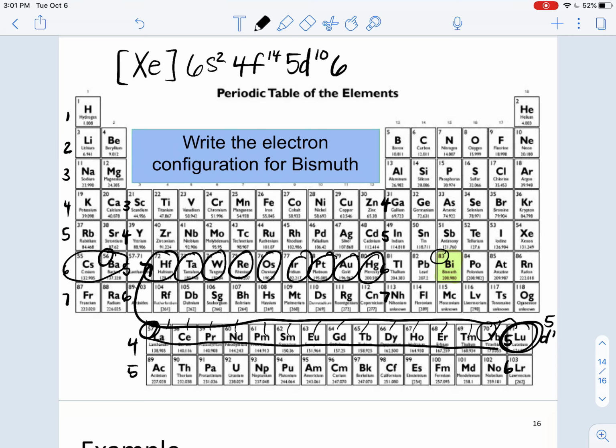Shifts back up to 6p, 1, 2, 3. All right, so we want the total to add up to 83. We can double check. 54 for xenon, plus 2, plus 14, plus 10, plus 3, 83.